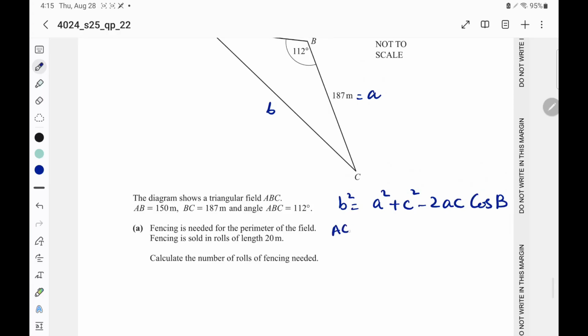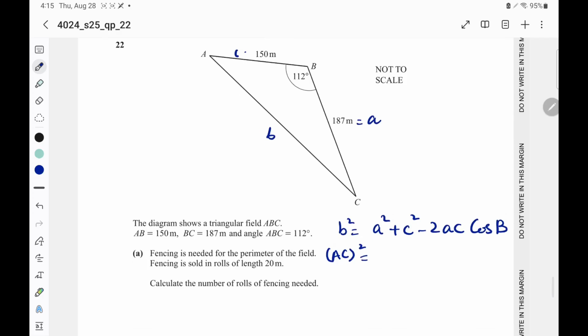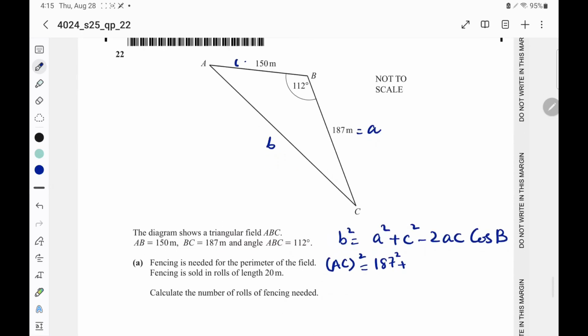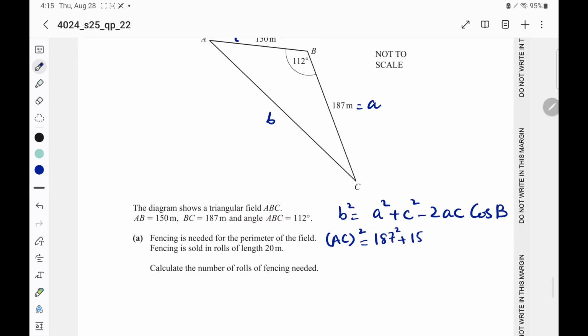So AC square is equals to 187 square plus 150 square minus 2 times 187 and 150 cos of angle 112.